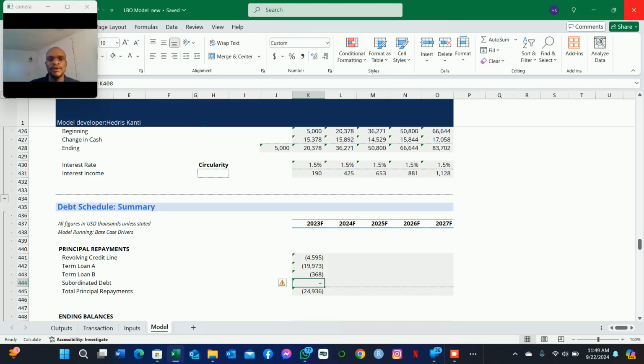So sometimes they might have a warrant attached to this debt security, or an option where they can convert the debt security into equity if the warrant is in the money.